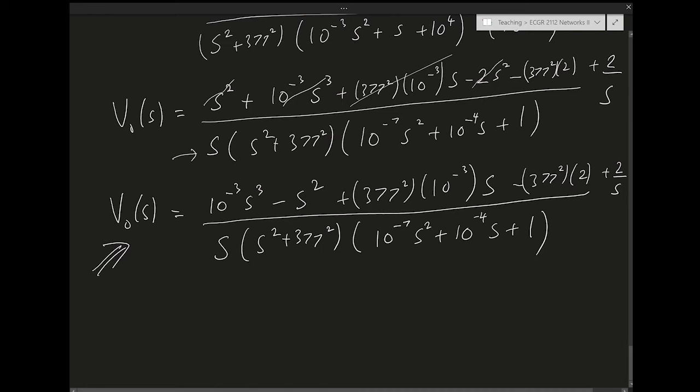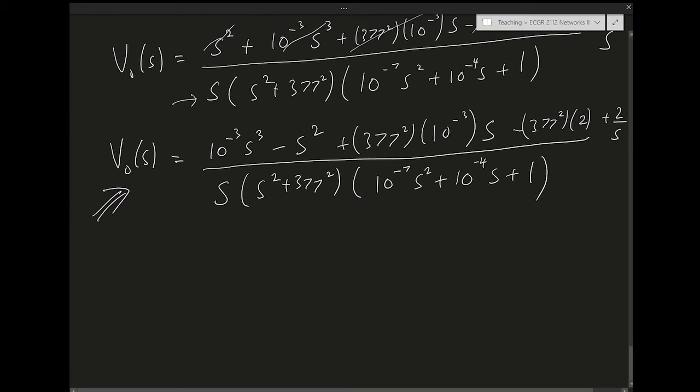It's a bit of a hairy expression, but we could always go back to MATLAB or Mathematica and try to use that to help us factor out those expressions. So the goal here now to go back to the time domain is to come here, and 2 over s is easy. 2 over s is just 2u of t, right?